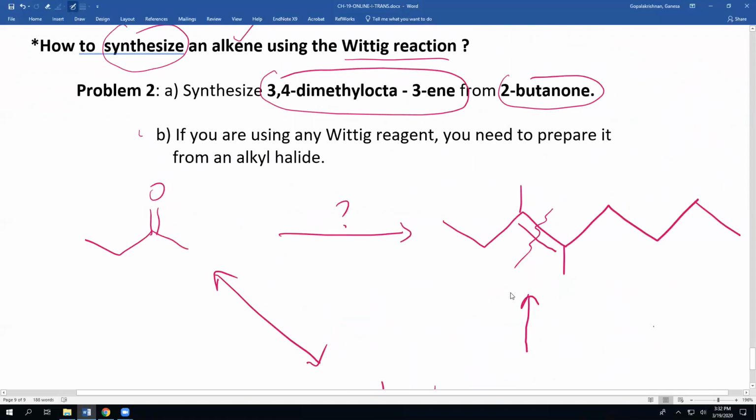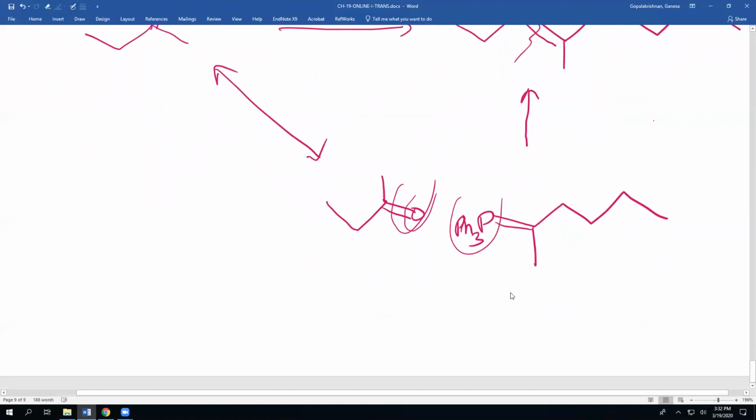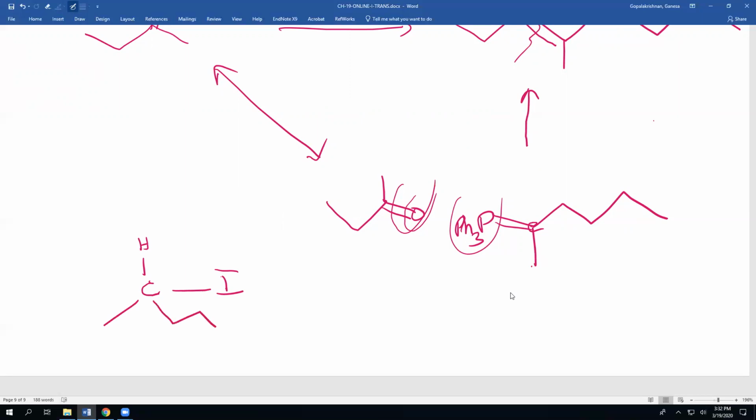But what is the problem? If you are using any Wittig reagent, of course we used a Wittig reagent, you need to prepare it from an alkyl halide. That is a piece of cake to you. This Wittig reagent contains a methyl group and a butyl group on the carbon. So you select an alkyl halide that contains a hydrogen and iodine, and those two groups, methyl and butyl, and then treat it with triphenylphosphine.